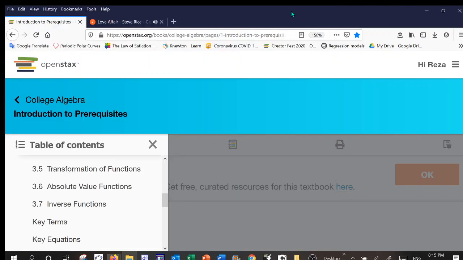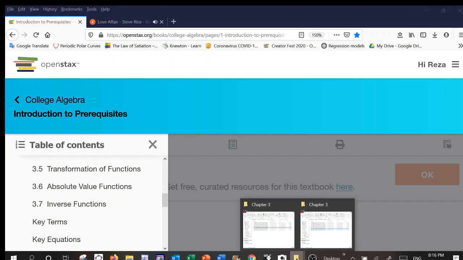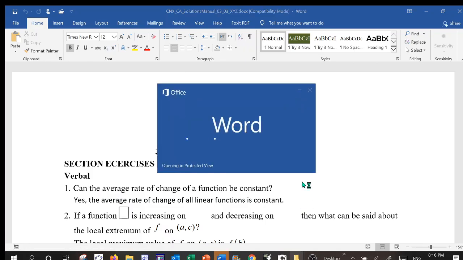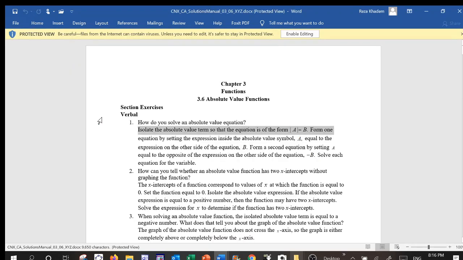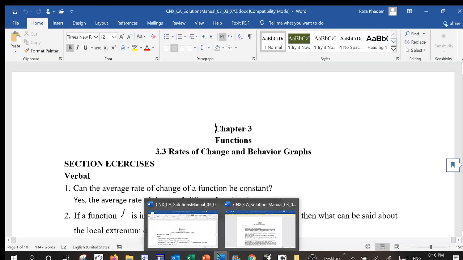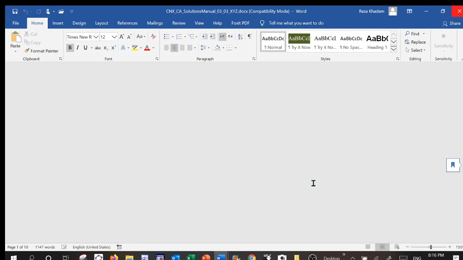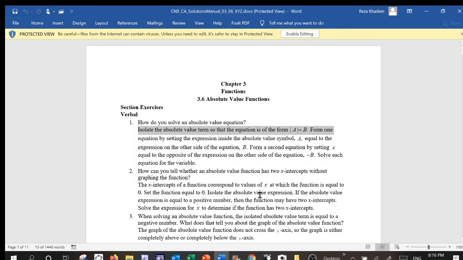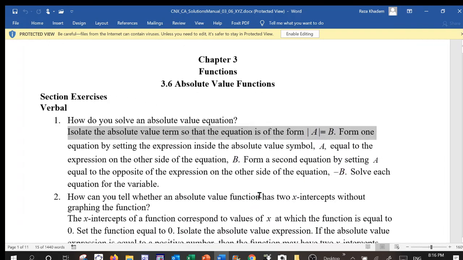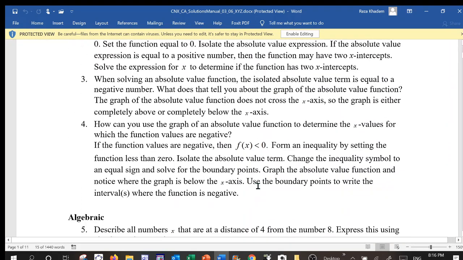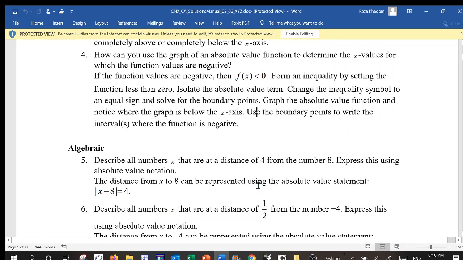All right, so let's see. Okay. So this is the one that I want. This is the one that I don't want. Okay. So let's do some of these problems. So what we want to do is, let's say, number 5 and 6.